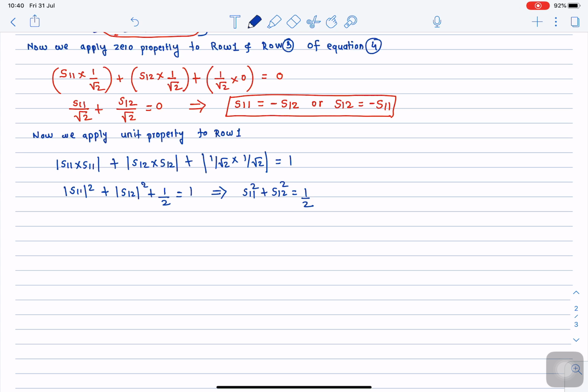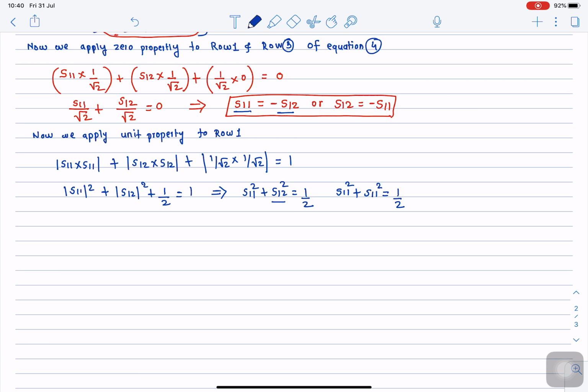Now recall that S11 is equal to minus S12, so here S12 we can replace with S11. Squaring makes no difference. So S11 squared is equal to 1 by 2.